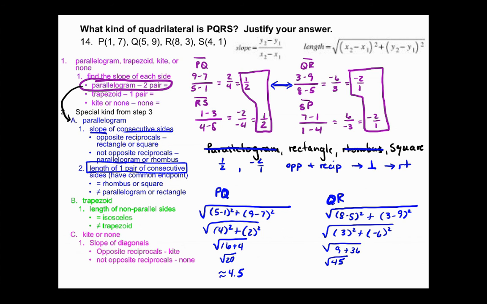And the square root of 45 is approximately 6.7. So these are not equal. So squares have all their sides equal. Since these are not equal, we have a rectangle. So use each calculation following the steps within the notes to compare to get your shape.